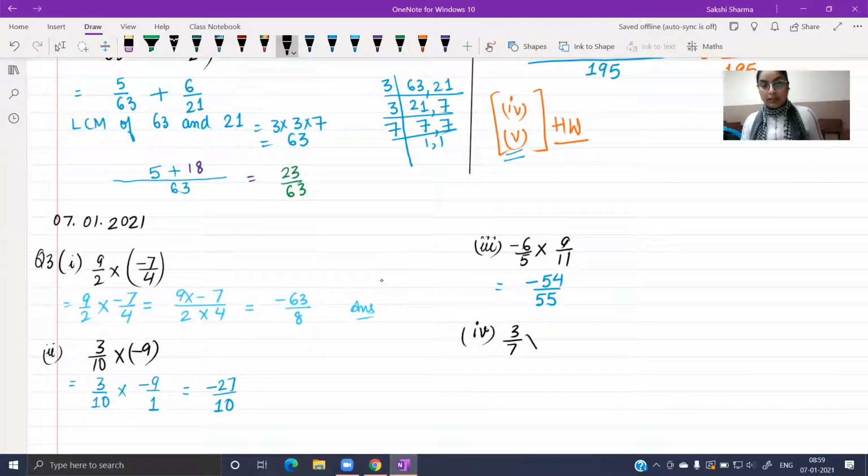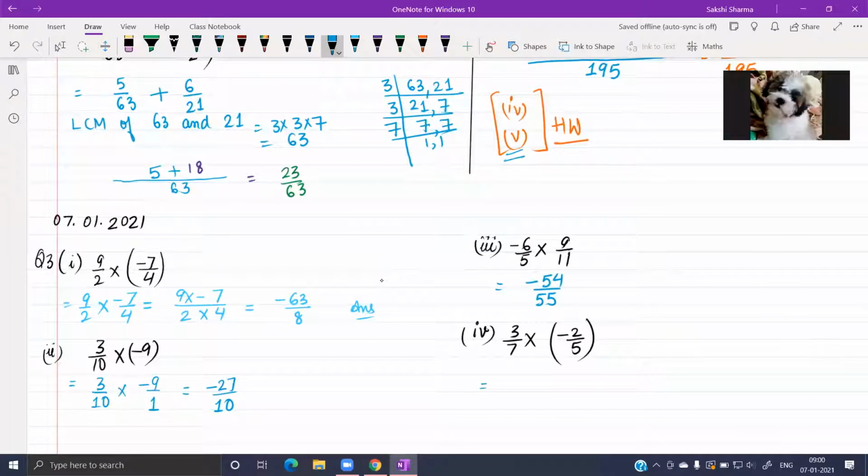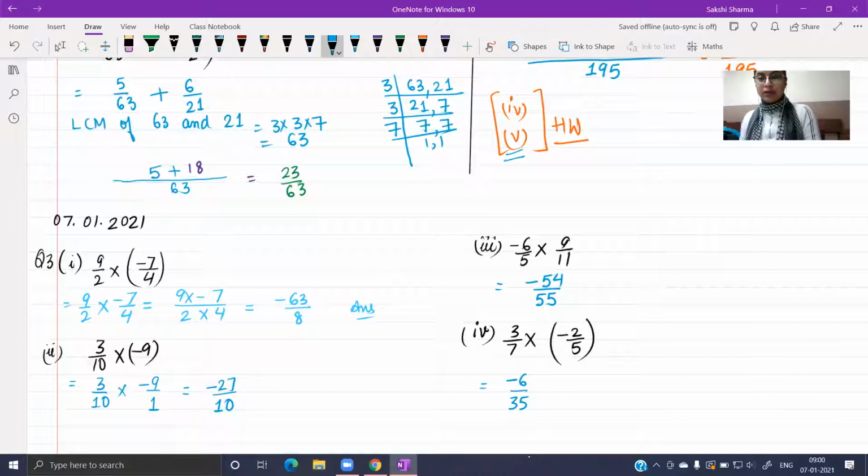I've got 3/7 multiplied with -2/5. Can anyone answer? -6/35. That's right. I think this is the easiest of all the questions we have done till now, including the first exercise.